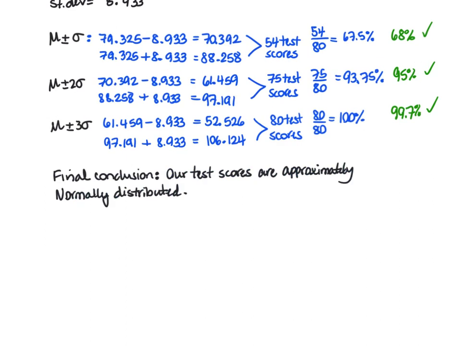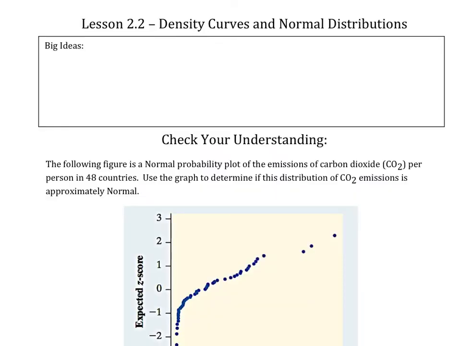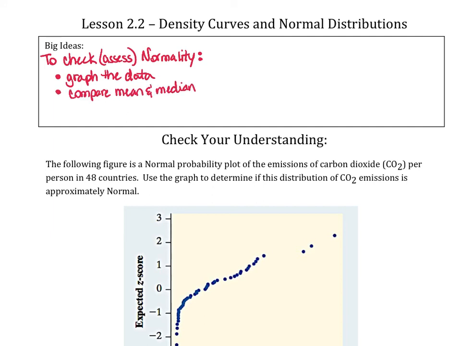Let's fill out our box of important ideas on the next page. So to check normality, we did a few different things, starting with graphing the data. We could use a dot plot, histogram, stem plot, or box plot. The next thing that we did was compare the mean and median, because if they're approximately equal, we know that we have one indicator towards symmetry.